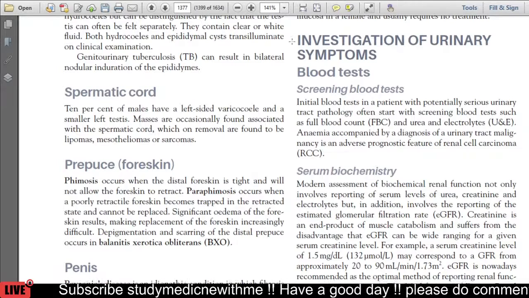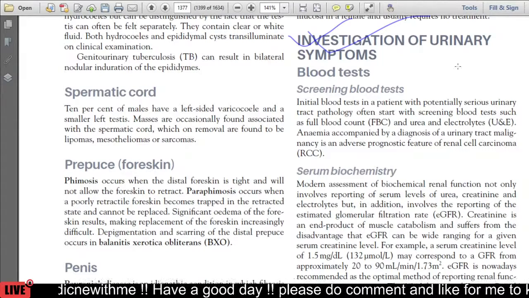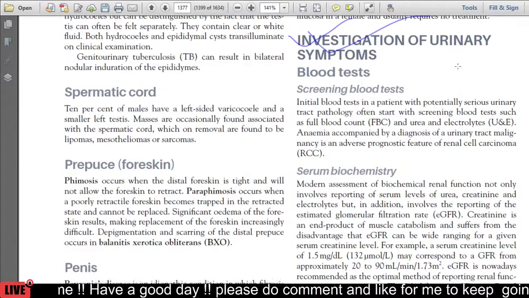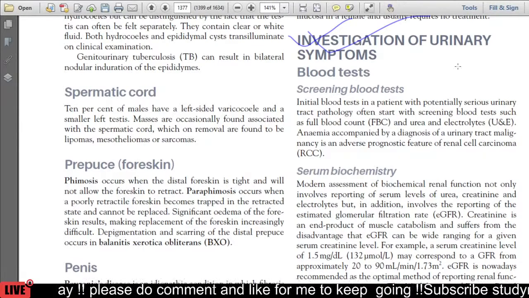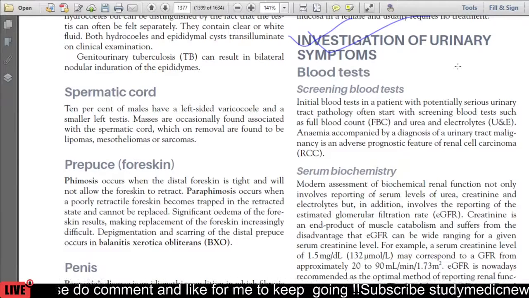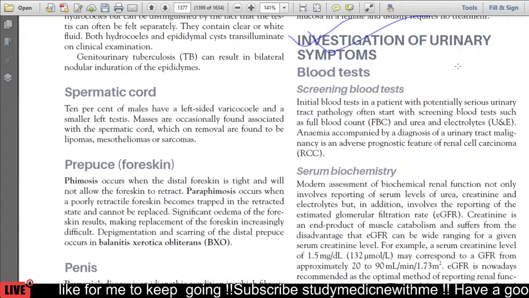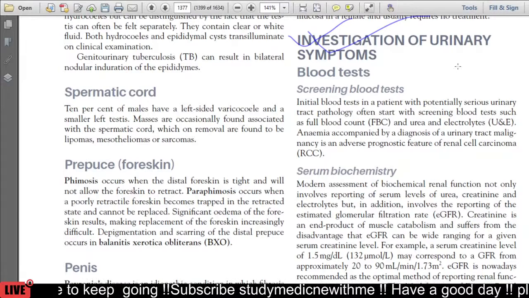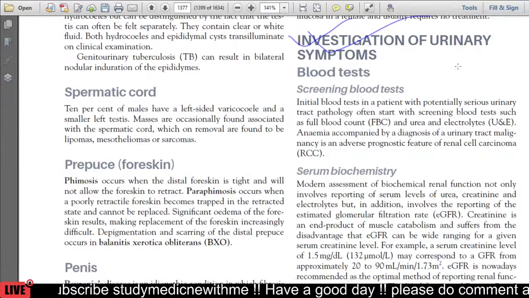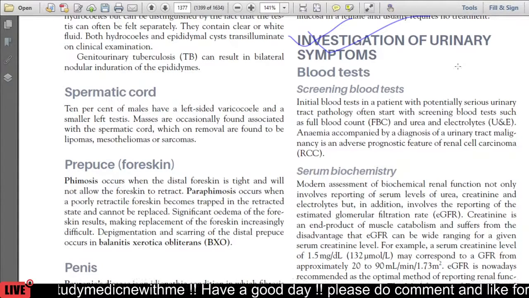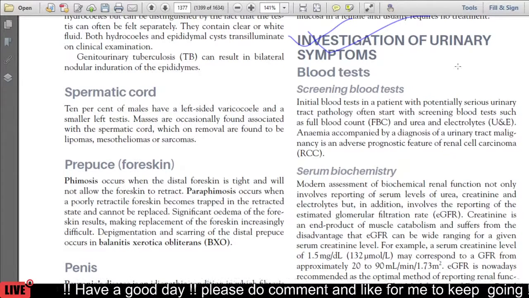Okay, investigation of urinary symptoms. We're talking about blood tests. Blood tests in a patient with potentially serious urinary tract pathology often start with screening blood tests such as full blood count, urea and electrolytes.